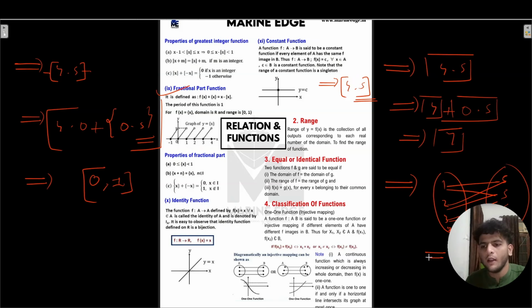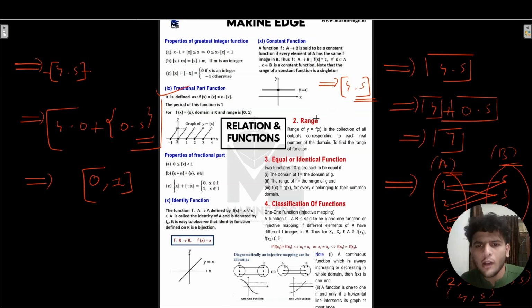So you have the pairs (1,5), (2,5), (3,5), and (4,5). This is a constant function because every element of set A has the very same image in B.